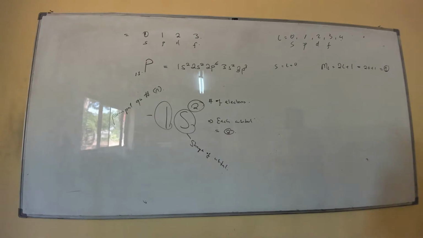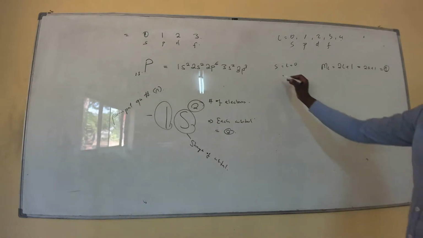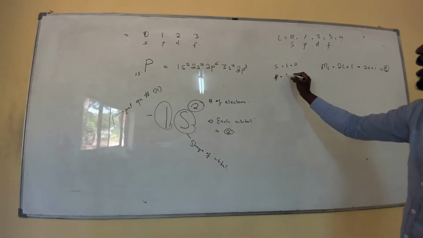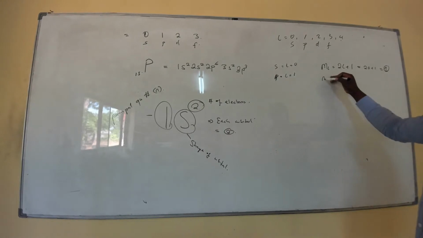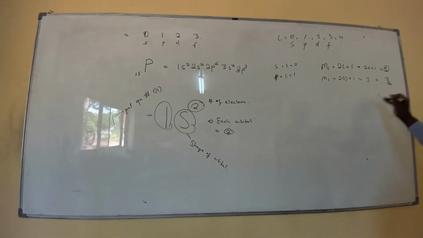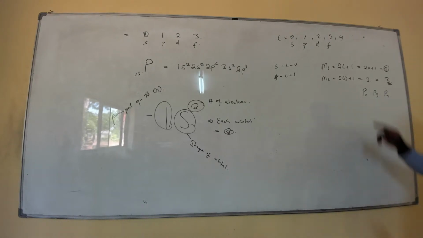So for the S orbital, there is only one type of S orbital, and in every principal quantum number there will be an S. Then for P, L is equal to 1, so 2 times 1 plus 1 equals 3. So the P orbitals are 3: you get the px, py, and pz. These are the axes in which each one of them is oriented.